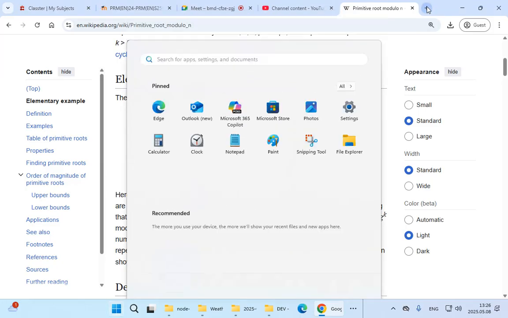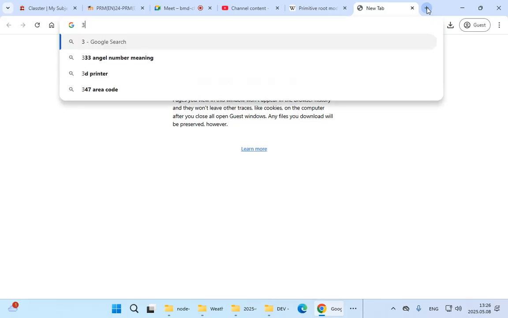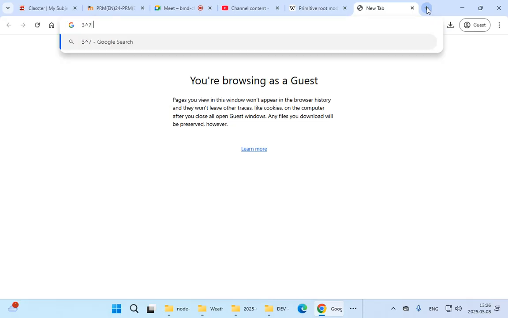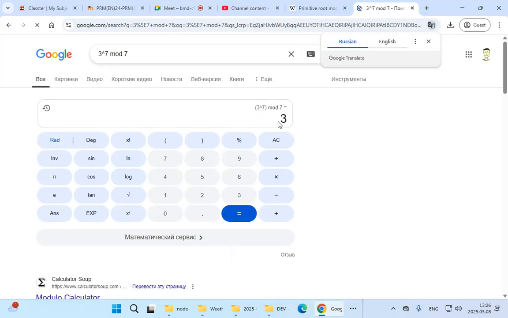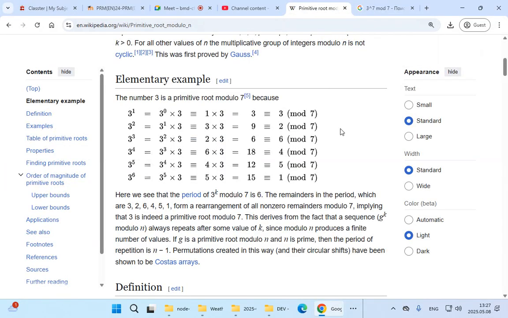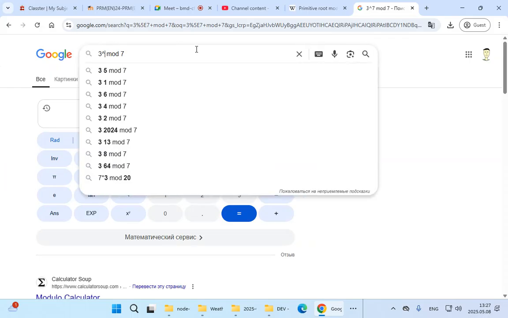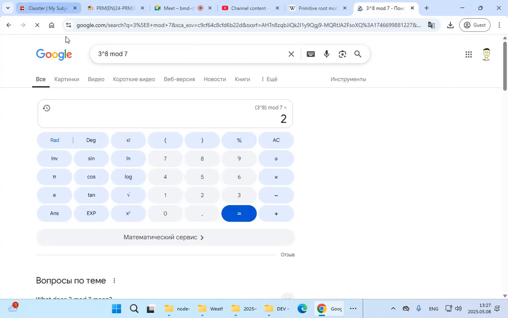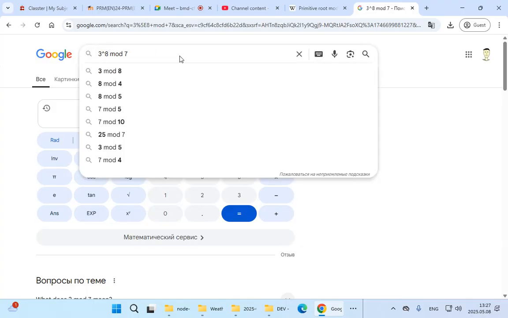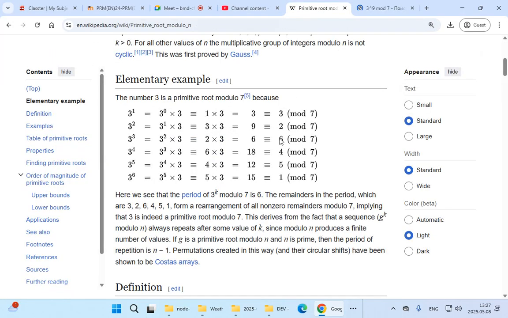It is just 3, and you can see that you start again. 3 to the power of 8 modulo 7 will be 2. 3 to the power of 9 modulo 7 is going to be 6.